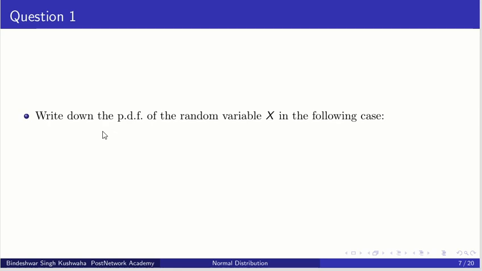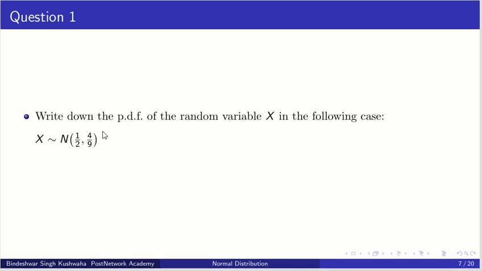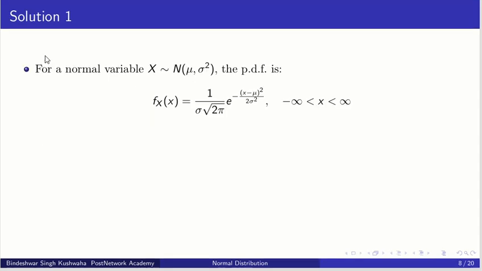Now again let us see some questions. Write down the PDF of random variable x in the following case. We have the mean and variance. Just plug in the values.